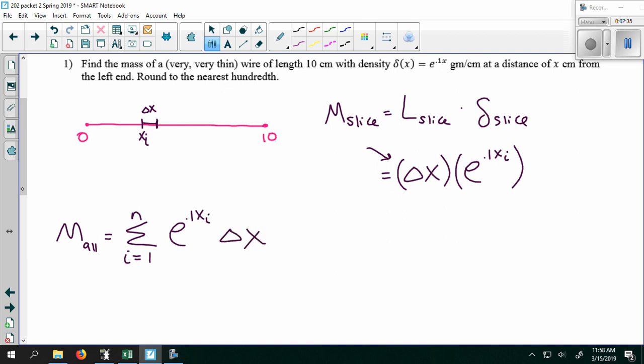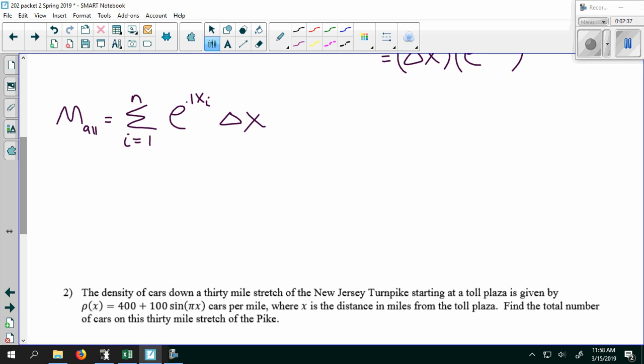And then to get the exact mass, I take the limit as the number of slices goes to infinity. So my exact mass is the limit as n goes to infinity of the sum from i equals 1 to n of e to the 0.1 x sub i delta x.